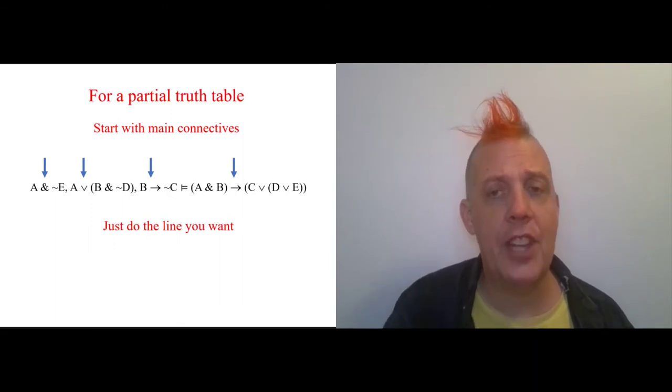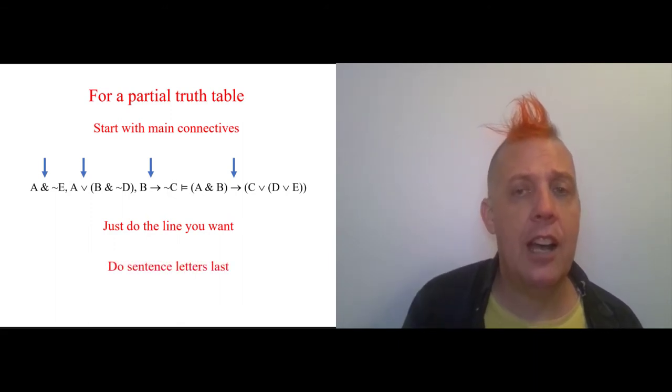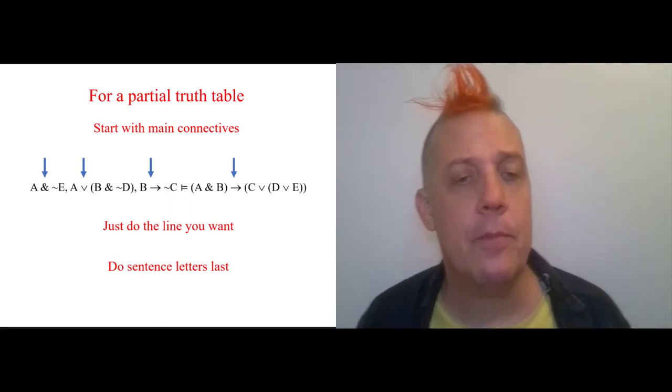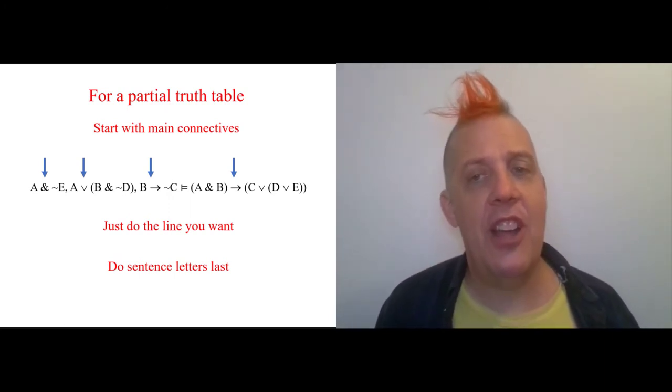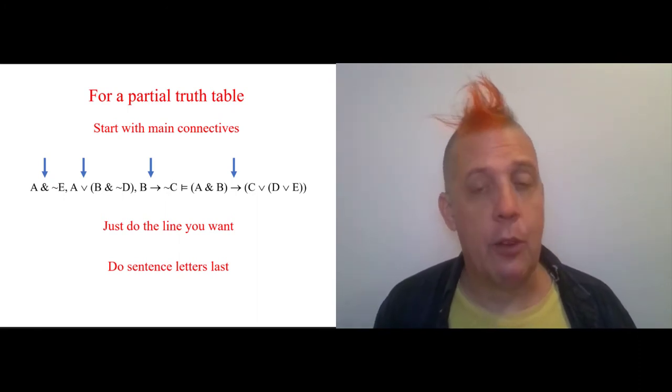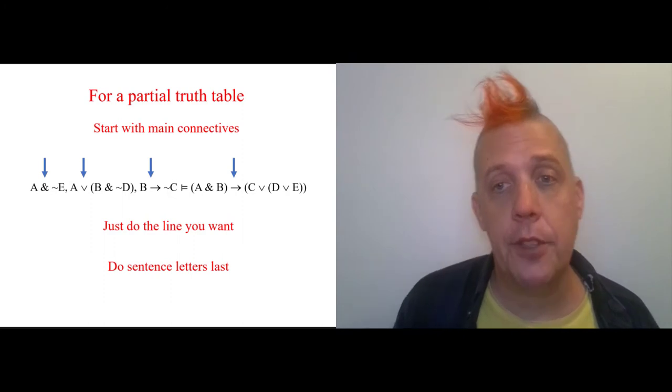And we're going to fill things in backwards and do the sentence letters last. And if it works, then, well, we're in luck. We don't have to do the full 32-line truth table.